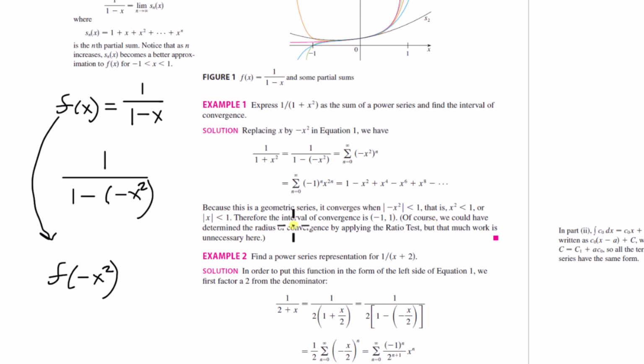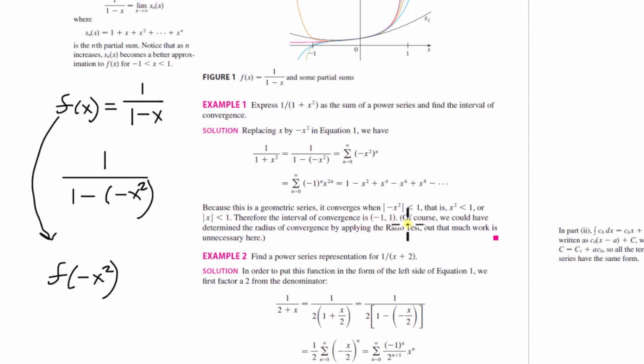And it says, of course, we could have determined the radius of convergence by applying the ratio test, but that much work is unnecessary here. They don't have to test the endpoints because with a geometric series, you know that anything that makes the common ratio's absolute value greater than or equal to 1 is not going to converge. So this is the interval of convergence.